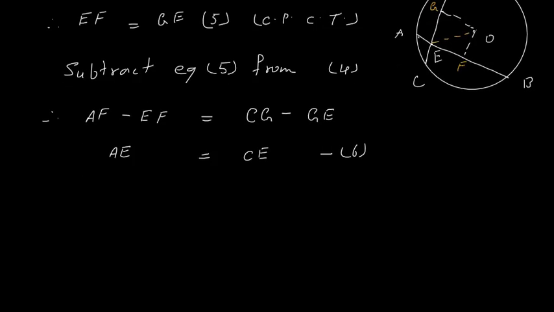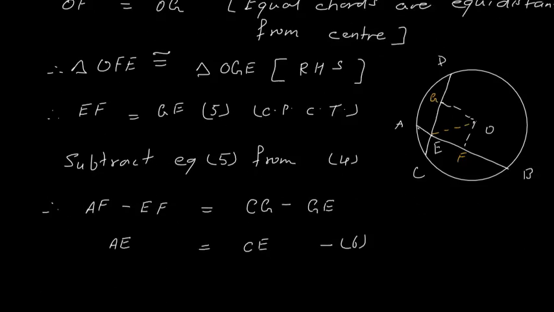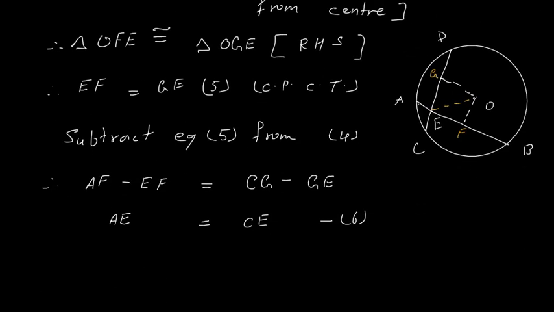So we have proved one part. Now AB is equal to CD. Also AB minus AE is equal to CD minus CE.